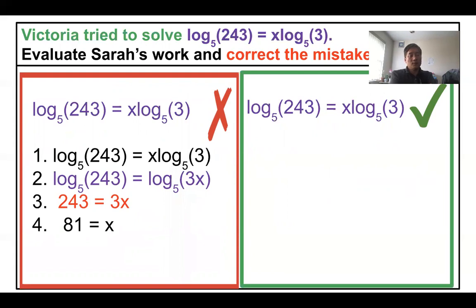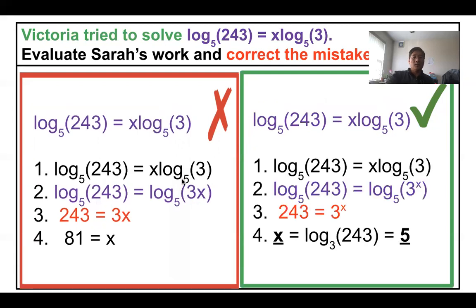What do you do? 3 times x. Look, x goes inside here. Is it correct? No, right? Where must x go? When you multiply x to the log, think about the property. It should go to the power here, right? So this step was wrong.